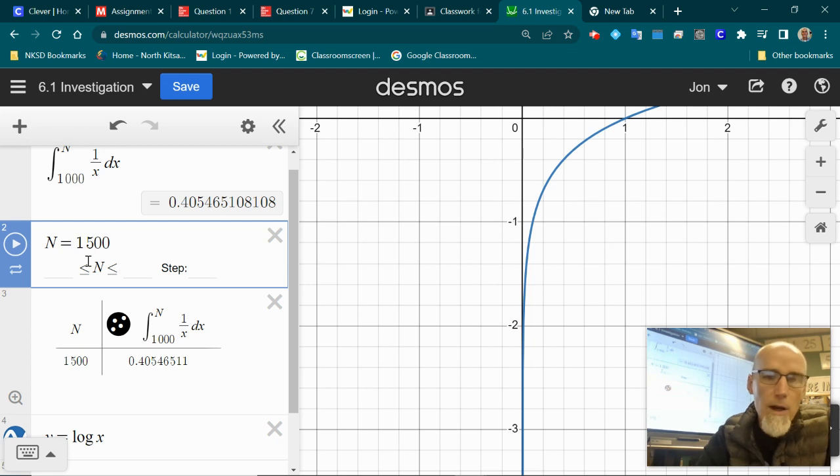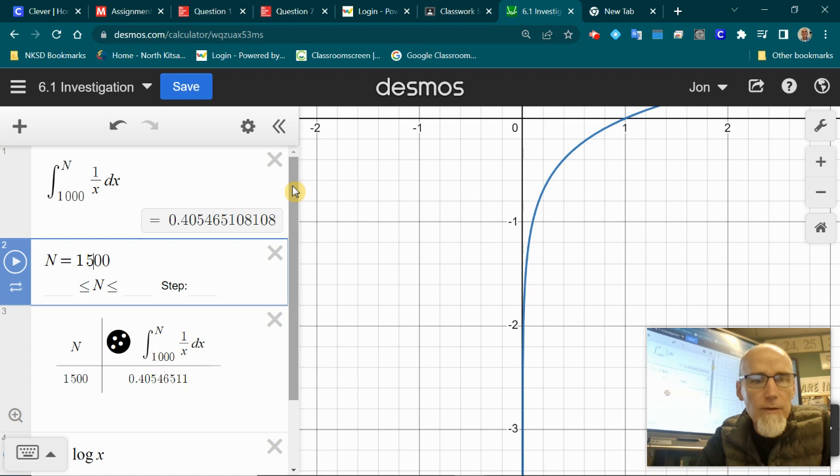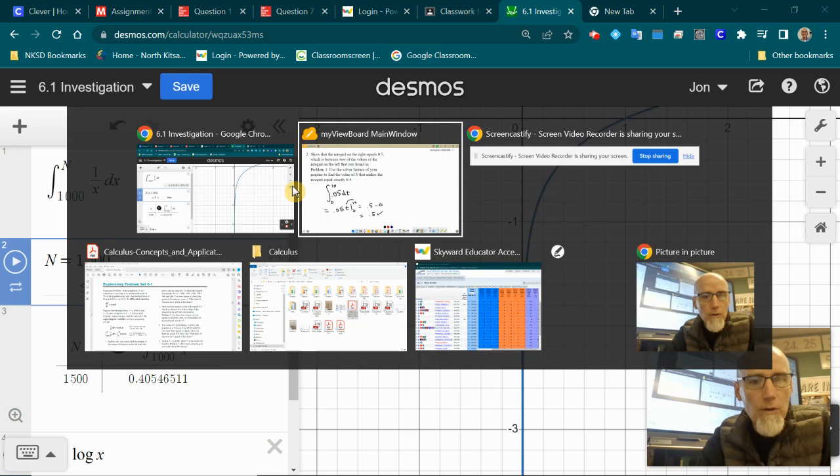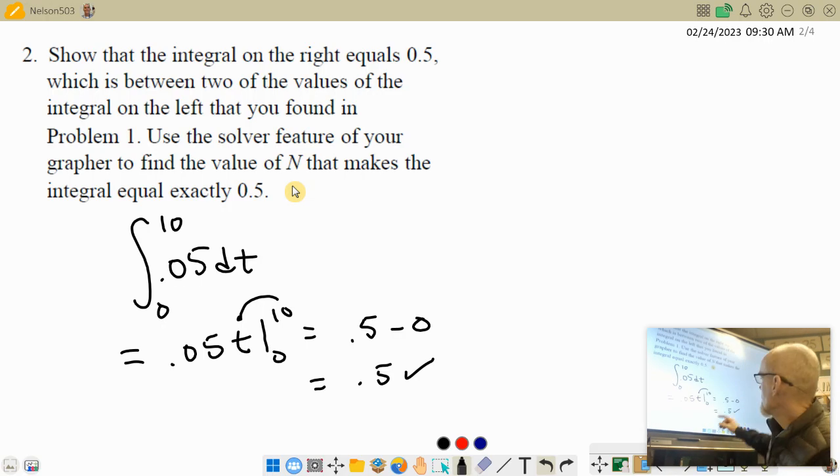So let's think about how could I make that happen? Well, that's gonna be tricky for us on Desmos, and we'll talk about that in class, like how to get Desmos to find, it's somewhere between 1500 and 2000, right? On a graphing calculator, we could set it up and it would do it on here. I'll show you how to do that in class, okay?